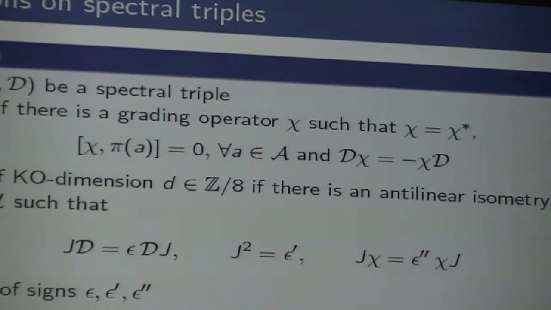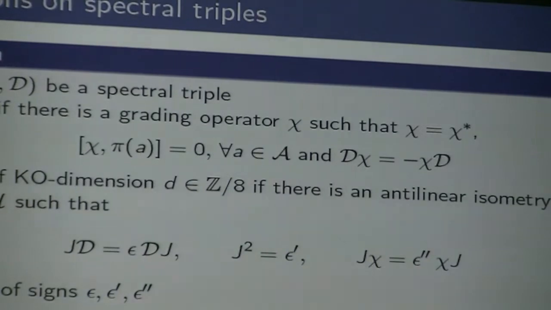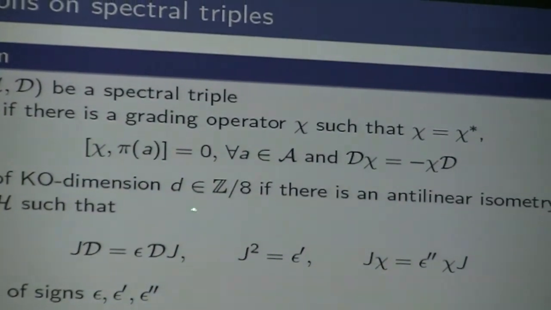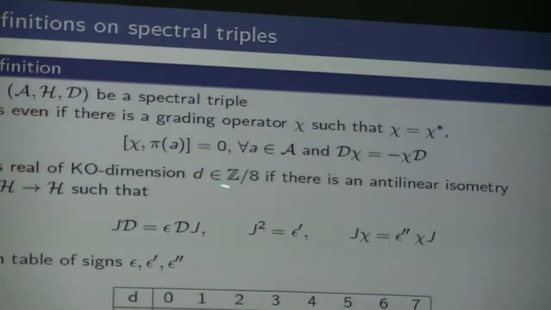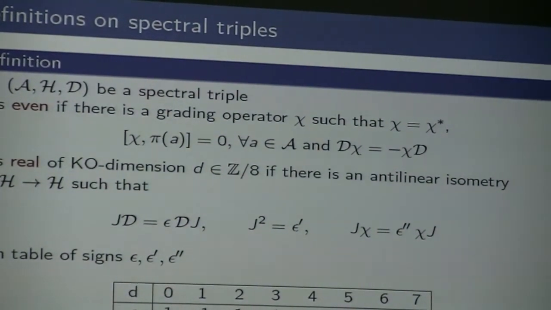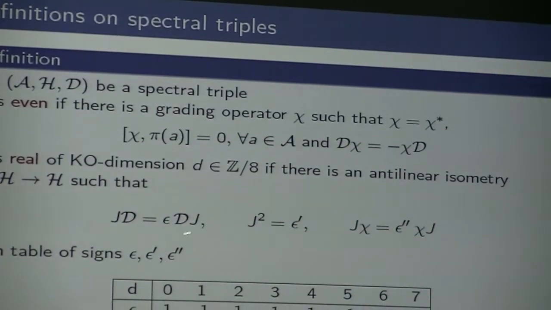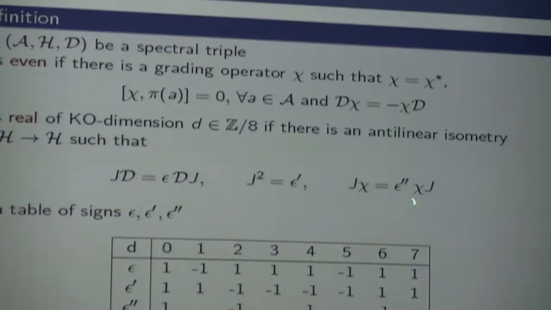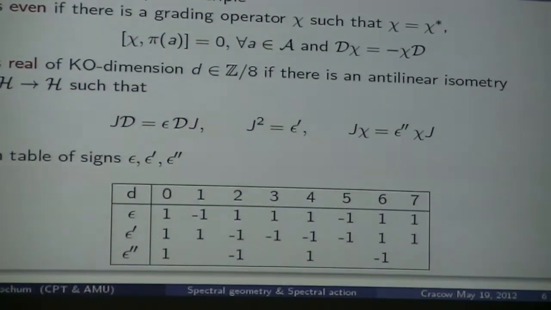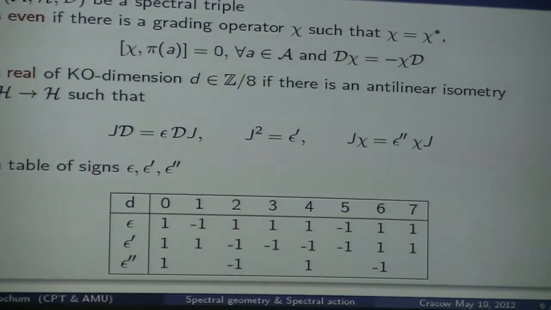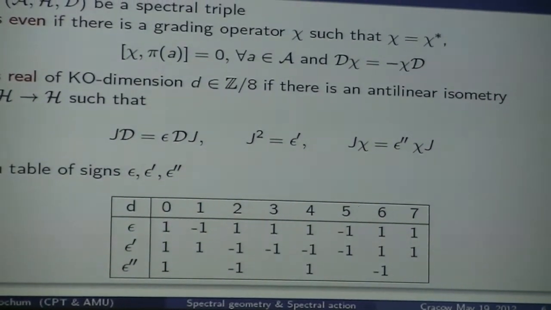And this triple is said to be real if it has a KO dimension, which is an integer modulo 8. The definition is that there is some antilinear isometry J, which has these relations with the previous objects, where all the coefficients epsilon, epsilon prime, epsilon double prime form a table of signs.